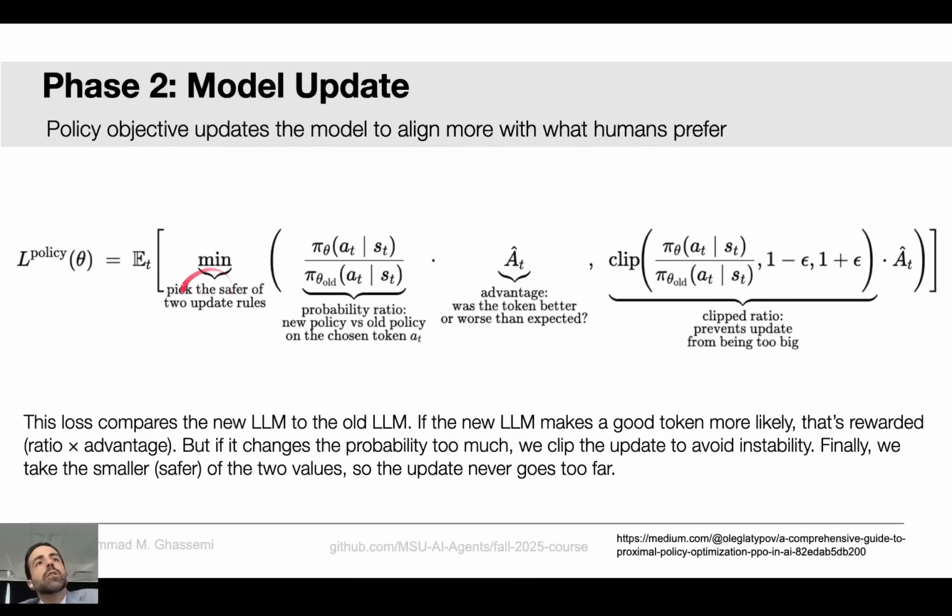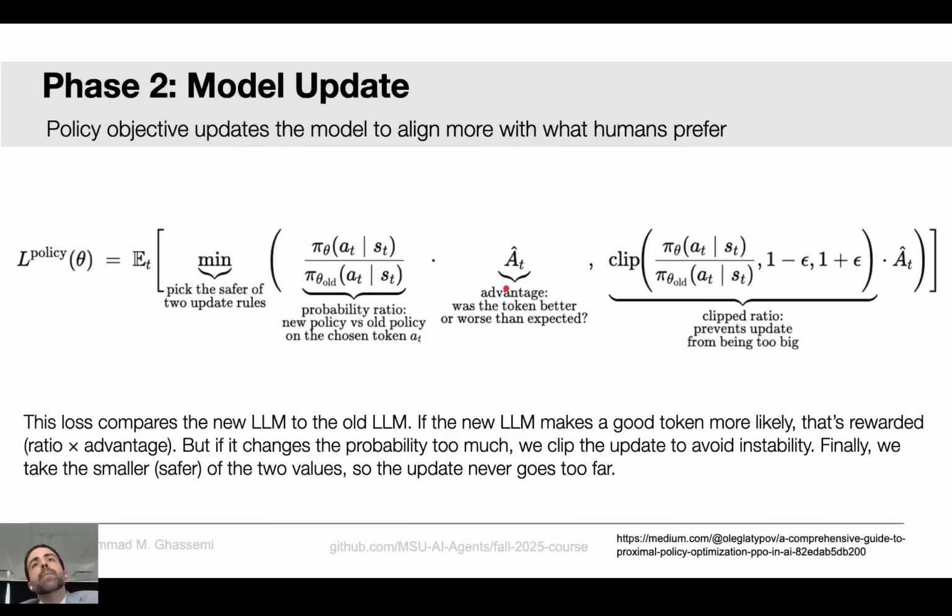So what we do is choose the safer of two updates. One is proportional to the probability ratio of the new policy, the new way that we're going to generate tokens from the LLM, given what we've seen previously, compared to the old, times some advantage value.